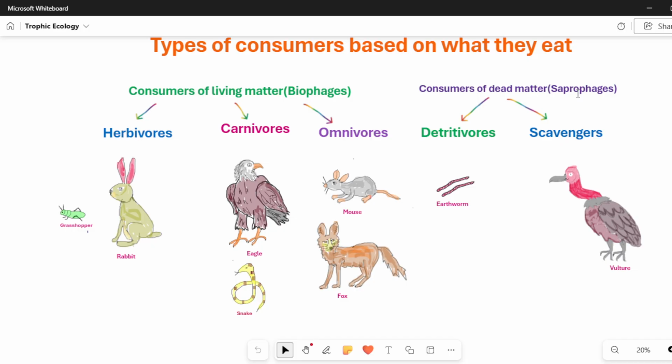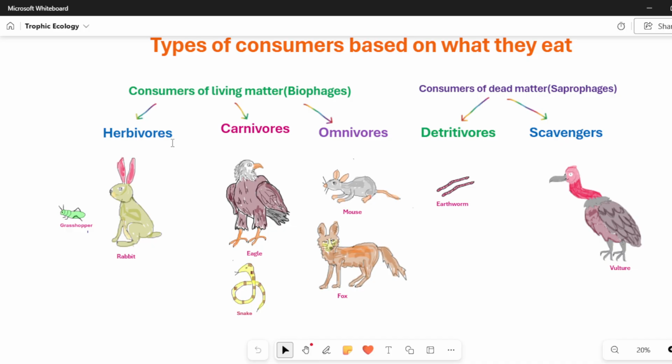They do not consume living matter, they consume dead matter, that is, after the living organism is dead. That's why they are called saprophages. Under the consumers of living matter, the biophages, we have herbivores, carnivores, and omnivores.